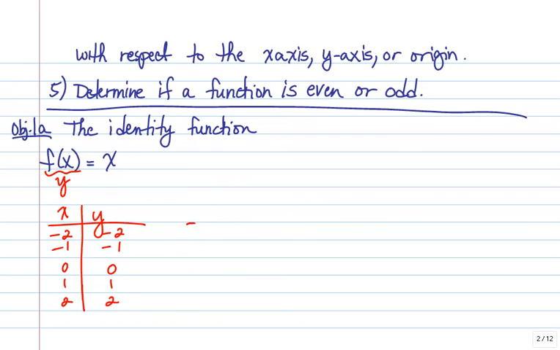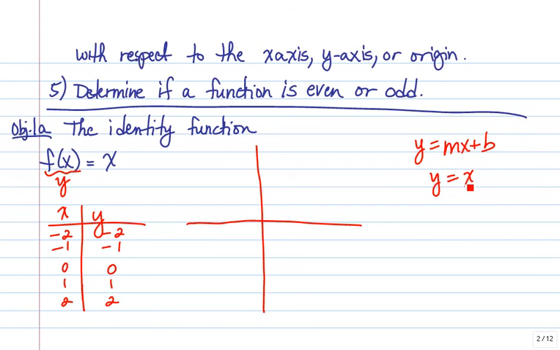So whenever we graph that, hopefully you recognize that as one of our linear functions, right? We look at y is equal to mx plus b, and we have the graph of y is equal to 1x, or just y is equal to x. Our slope is the coefficient of x, which is 1. The value of b, which is our constant term, is 0, and that is our y-intercept.